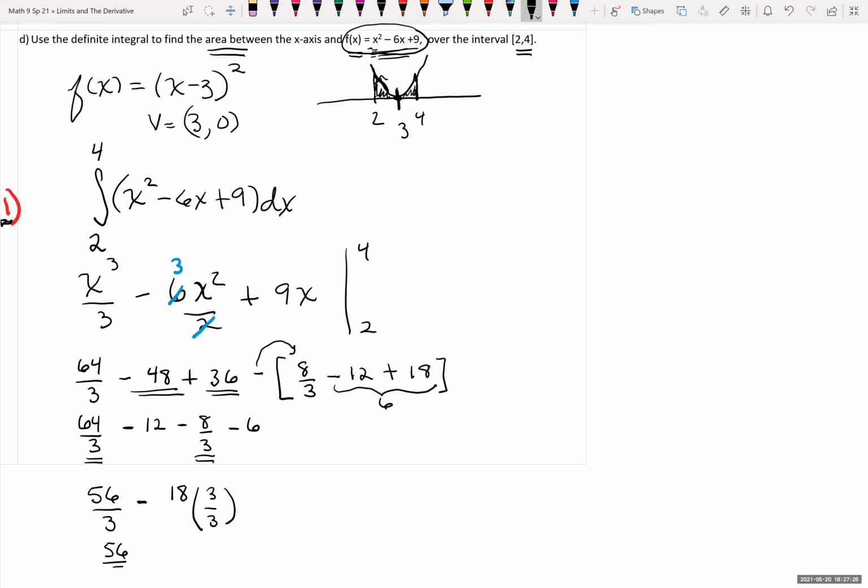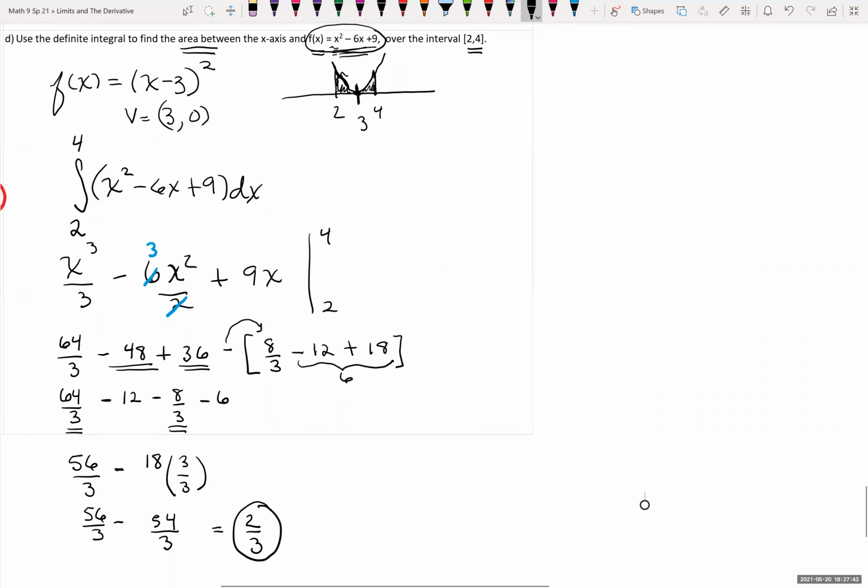So 56 thirds minus 3 times 18, 54 thirds. And so this is equal to 2 thirds. Let me see if there's any questions over these problems.